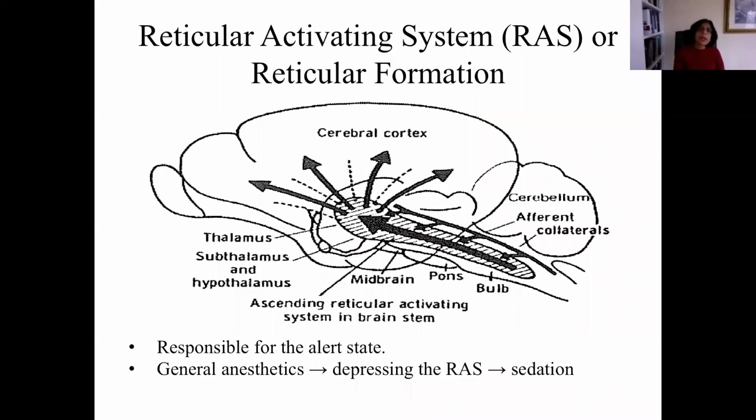we will look at the reticular activating system more closely, abbreviated as RAS, or another name for it is reticular formation. As I mentioned before, the system is stretched over the entire brain stem, and the way it works is sensory signals as they go through the brain stem are dispersed into different parts of the cerebral cortex from the thalamus here, but they do go through the brainstem, correct?